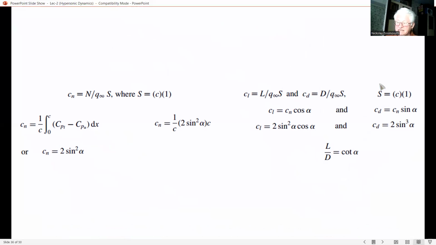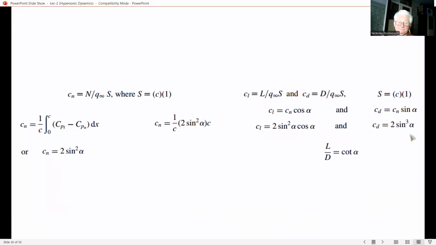Here we find that S is c times one unit, and we can get this expression: CL equals Cn cosine alpha, and CD equals Cn sine alpha. Substituting the last equation into this one, we get the expression for CL in the next form: CL equals 2 sine squared alpha times cosine alpha. And for CD, we get 2 sine cubed alpha.